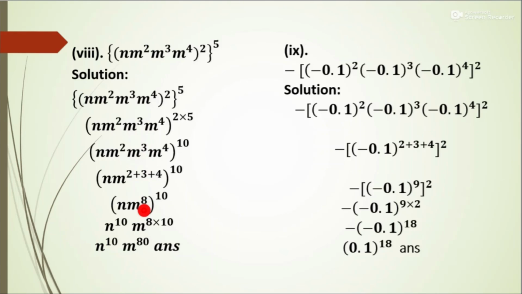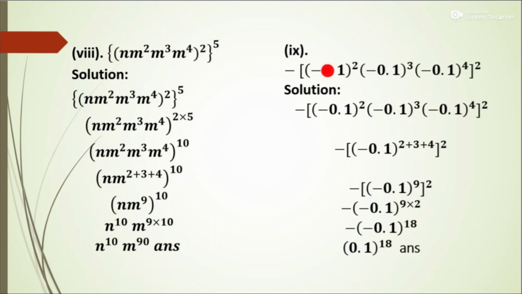Now we add 4, 5, 6, 7, 8, 9, so here it is question 8 to the power 9. Now we write here 2, 3 and 4, 9, and the power of 10. Now we apply the law of exponent, each number multiplied by the power 10, and 9 multiplied by 10 is 90.